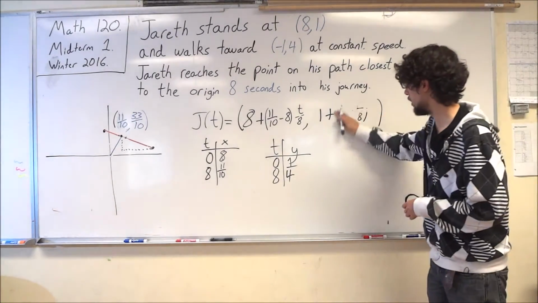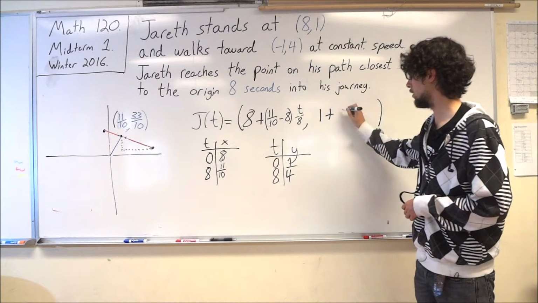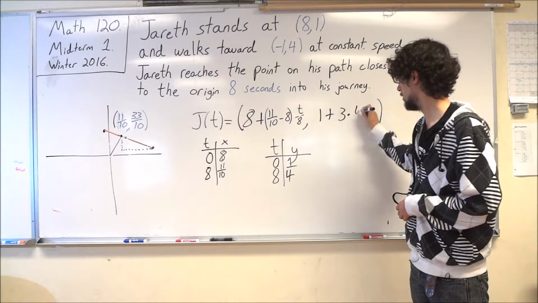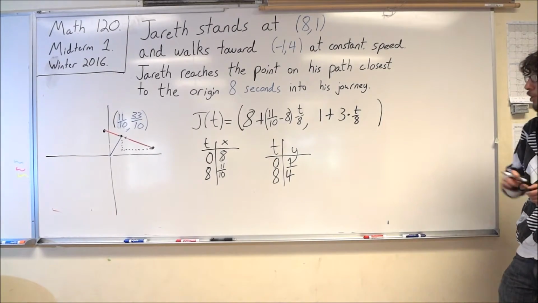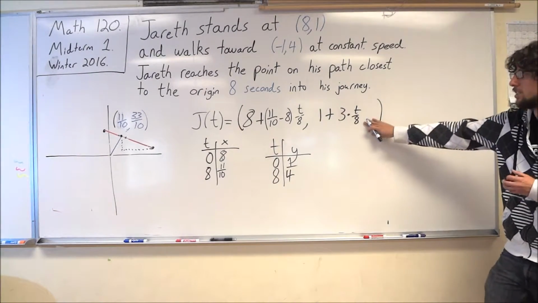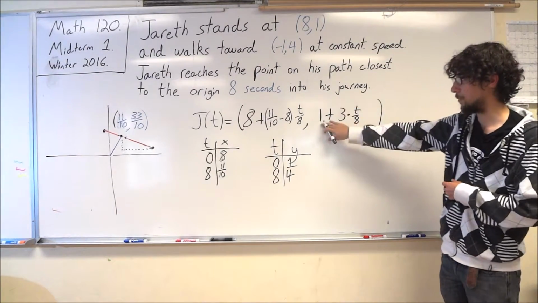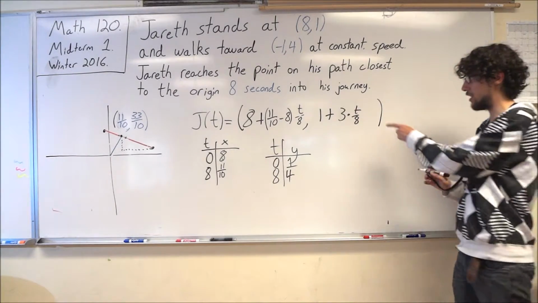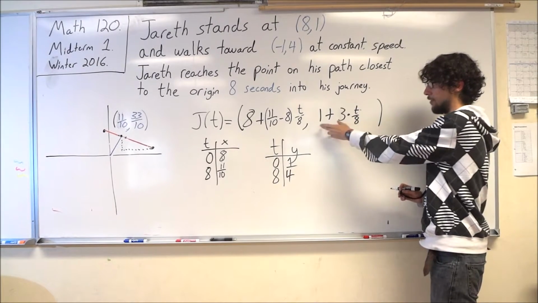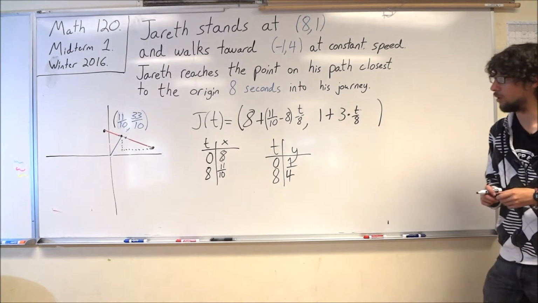I guess I'll erase some of the parentheses to make it a little bit cleaner to look at. Notice what happens here. When I plug in t equals 0, this falls away, and I'm left with 1. And when I plug in t equals 8, this turns into 1, and I'm left with 1 plus 3, which is 4.